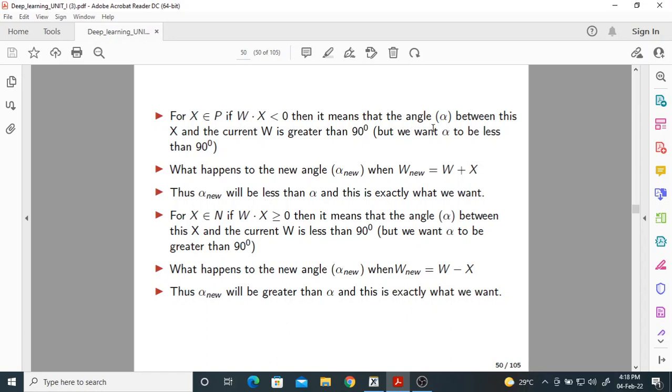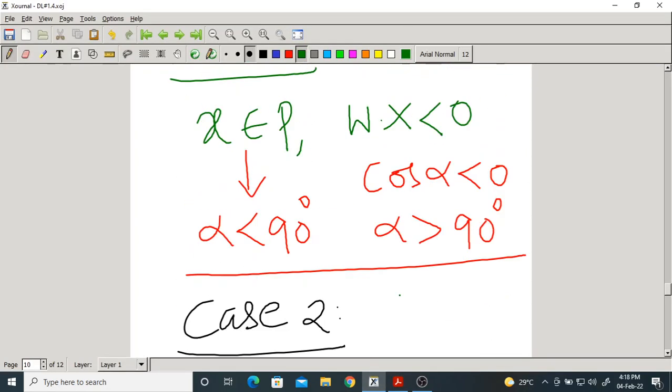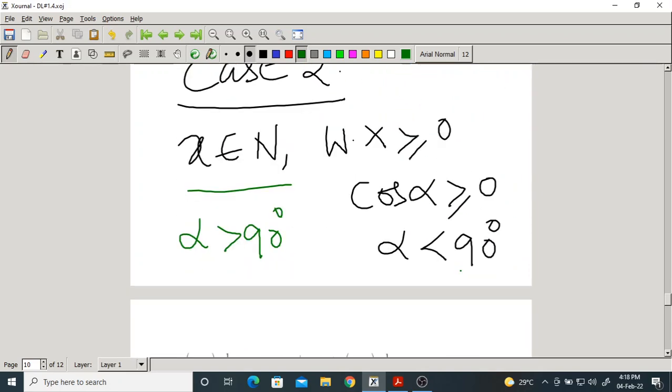What happened here? In case 1, alpha should be less than 90 when X belongs to P, but because of this error we are getting more than 90. In case 2, reverse. Actually, it should be more than 90, but we are getting less than 90.